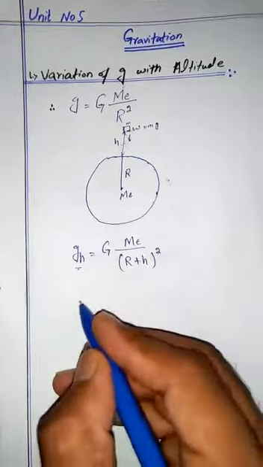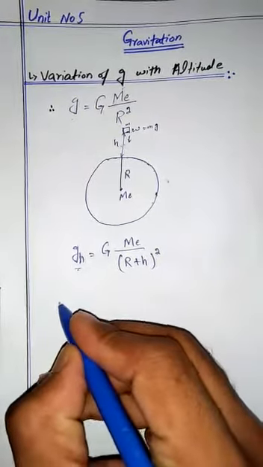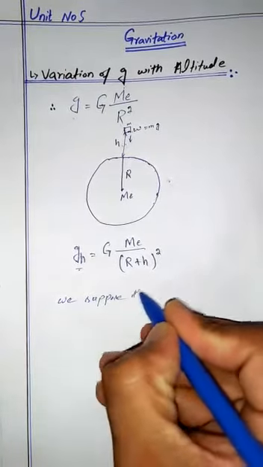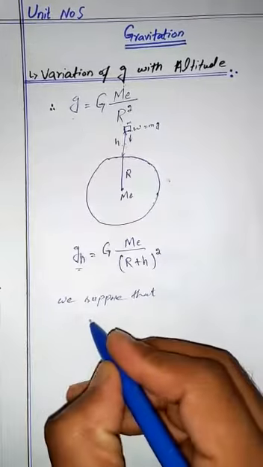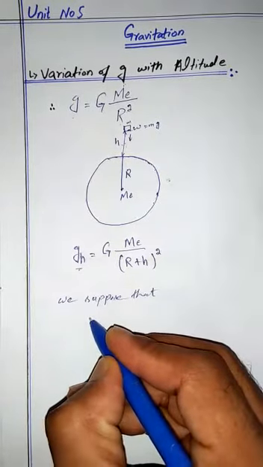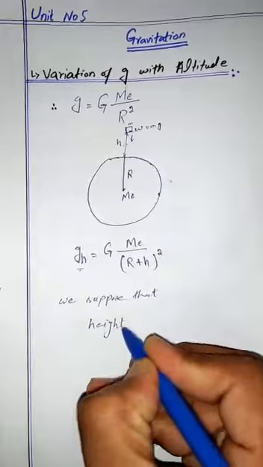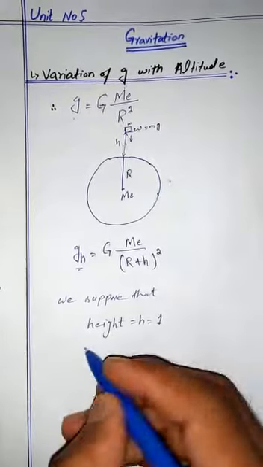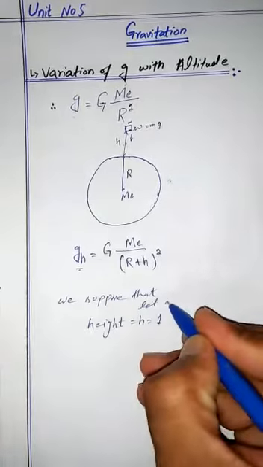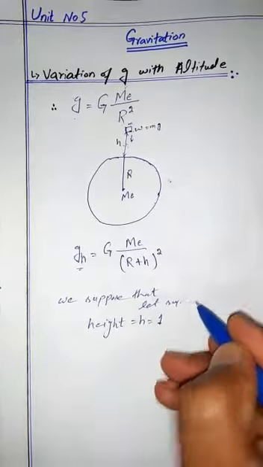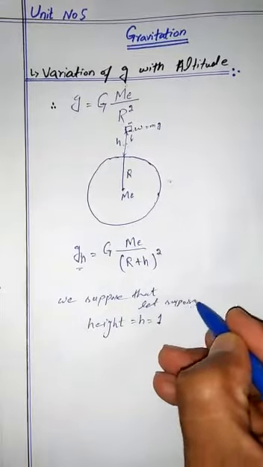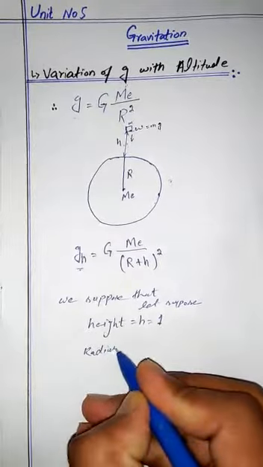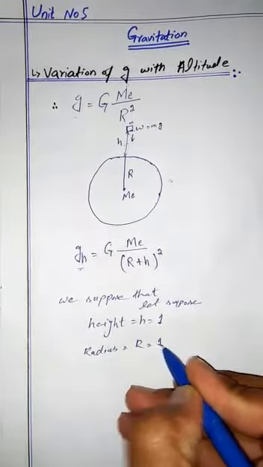Let's suppose the height is equal to one earth radius, so height is equal to 1 and radius r is equal to 1.